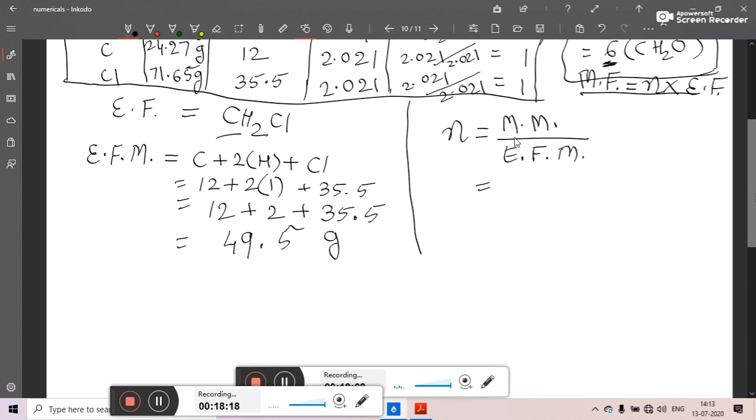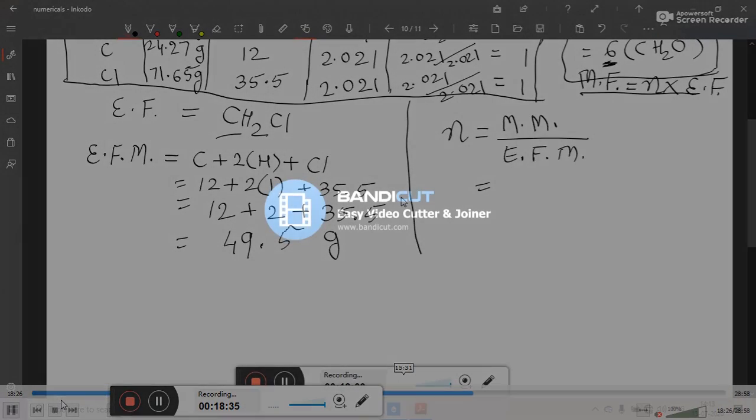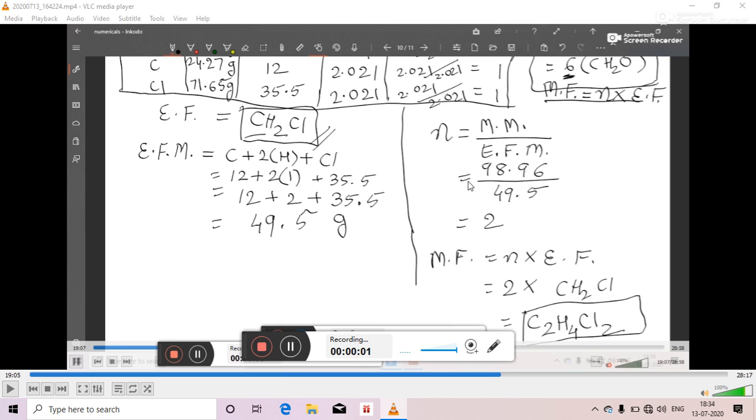So N equal to molar mass upon empirical formula mass. Now molar mass is already given in the question, and empirical formula mass we already found just now. So that is equal to 98.96 divided by 49.5, which is equal to 2.